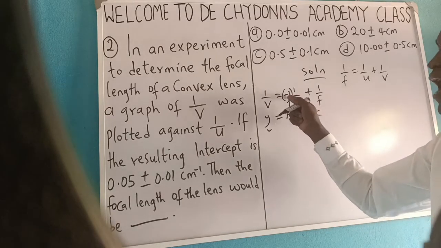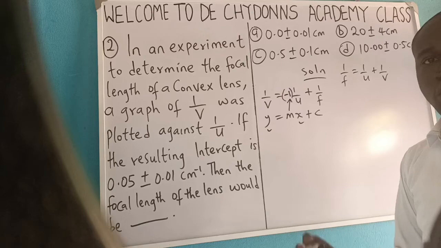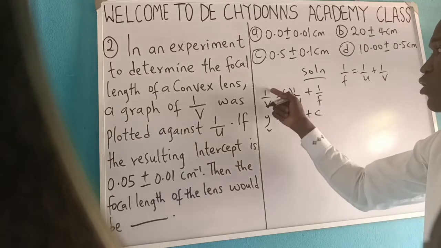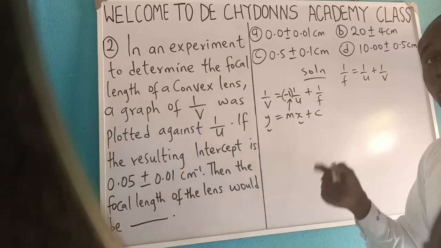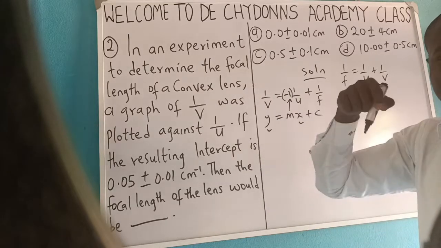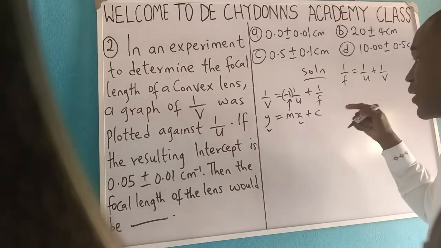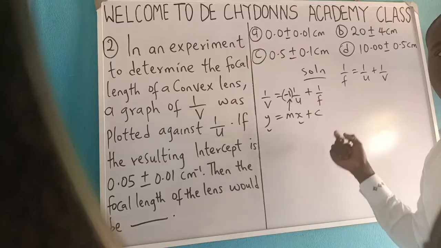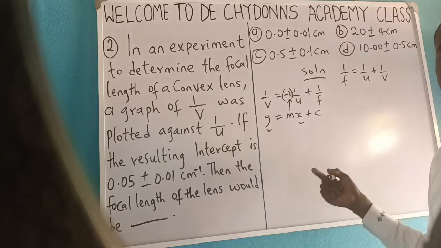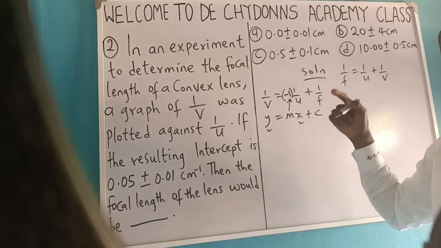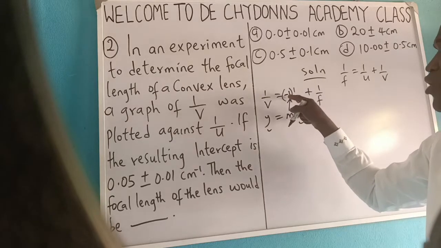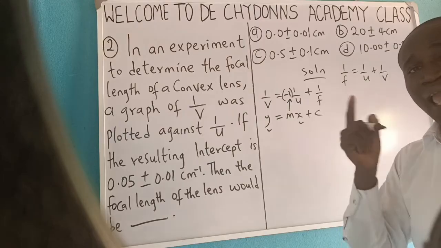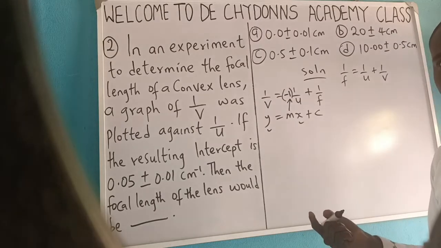This minus 1 we have here is called the theoretical slope. A student will get this theoretical slope when he plots a graph of 1 over v against 1 over u. But when he performs the experiment itself, the slope he gets is called the experimental slope, because it will slightly vary from minus 1, or might equal minus 1, depending on the error encountered during the experiment.